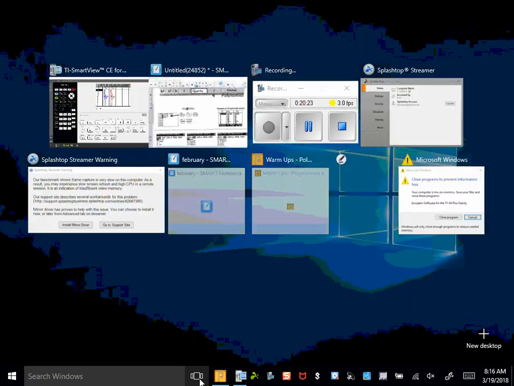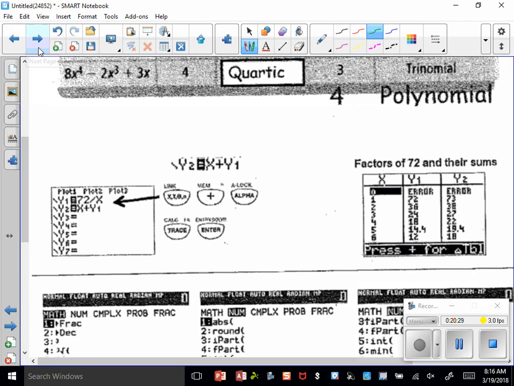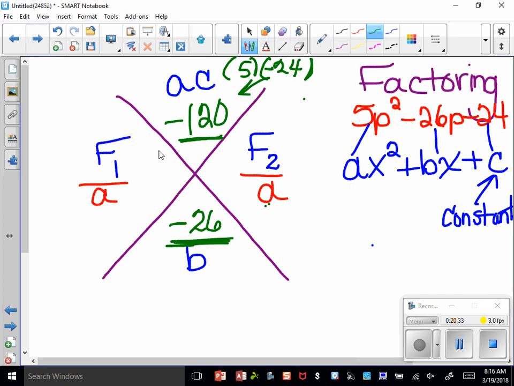All right, so let's go back to the worksheet that we were doing. Yours is in your spiral. So now we're going to see where I have factor 1 and factor 2. It doesn't matter where you place them. I can put the 4 here, or I can put the 4 here, and vice versa. So I don't want you to think that the factor in the X column has to go first. It doesn't matter.